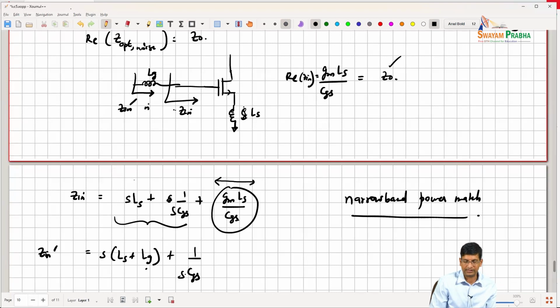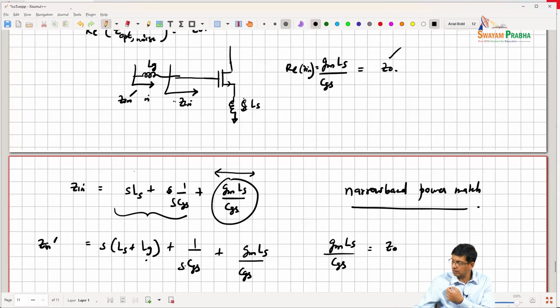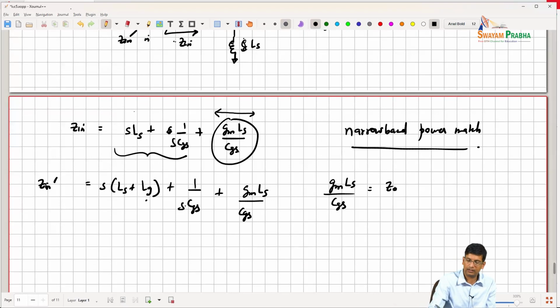So Zn prime will be this. So your design equation will become: GM LS over CGS is Z naught, and we need omega naught squared to be 1 over CGS times (LS plus LG).